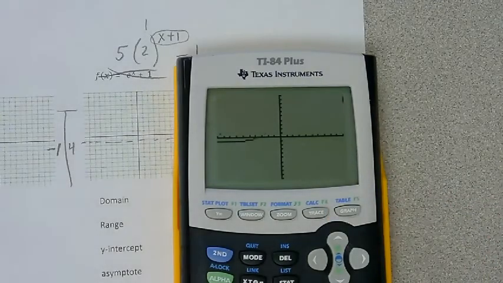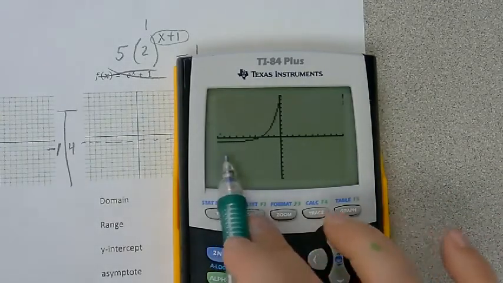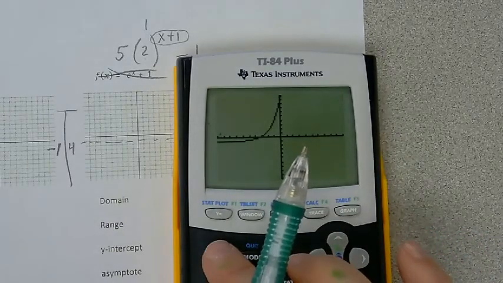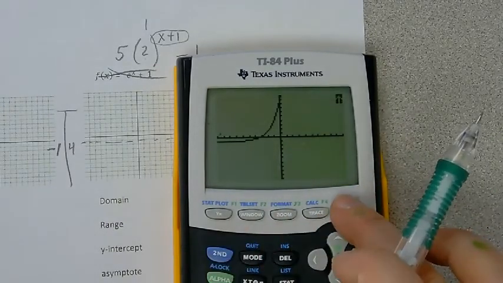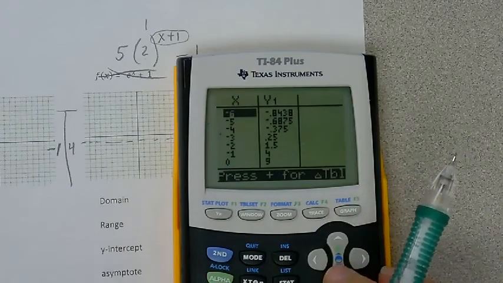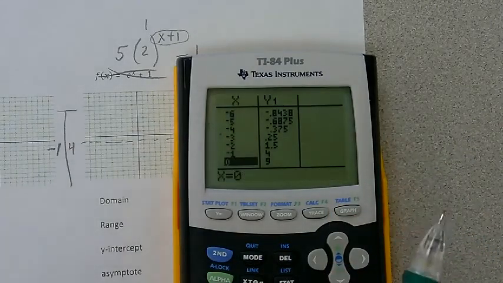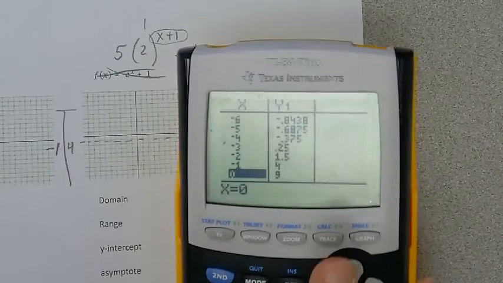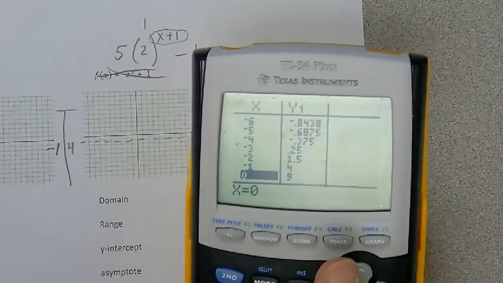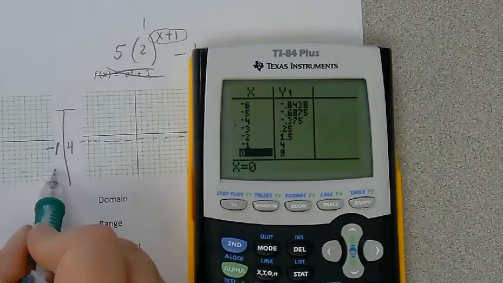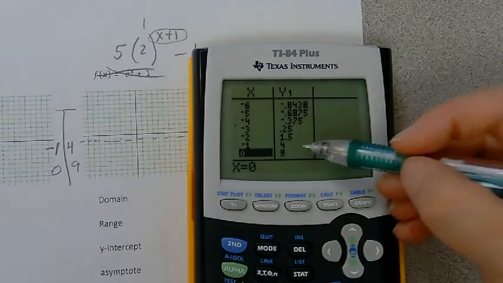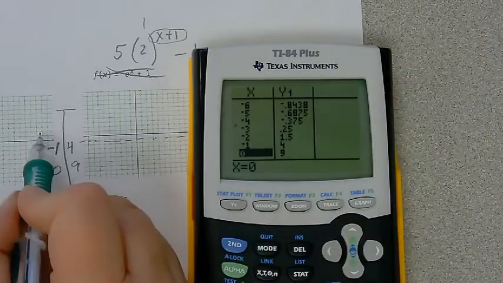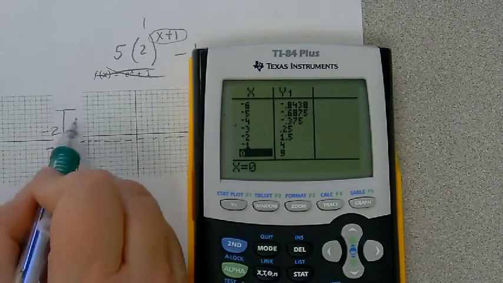The graph looks something like this. See how the asymptote is down here at negative 1. I can check out some points that I want to graph by looking at the table. I'm going to try (0, 9), and then I already had (negative 1, 4), and then I might try something like (negative 2, 1.5).